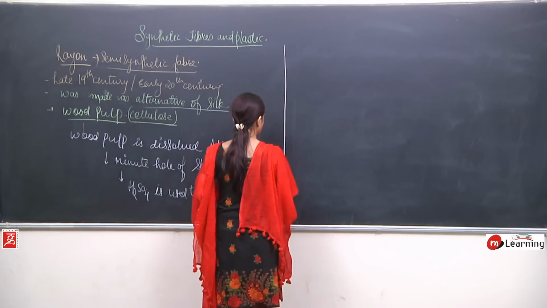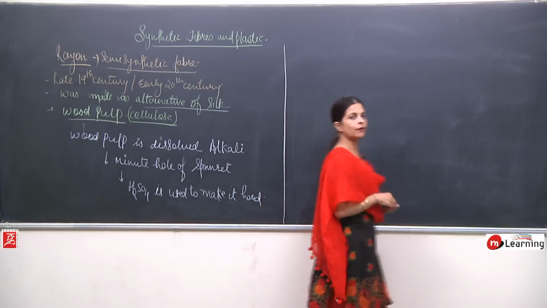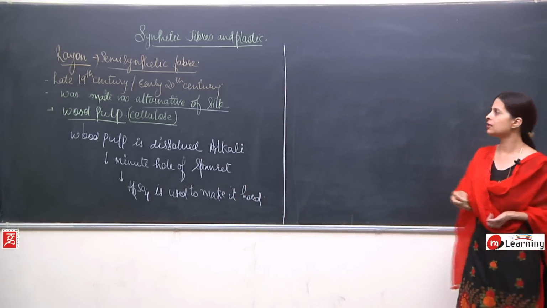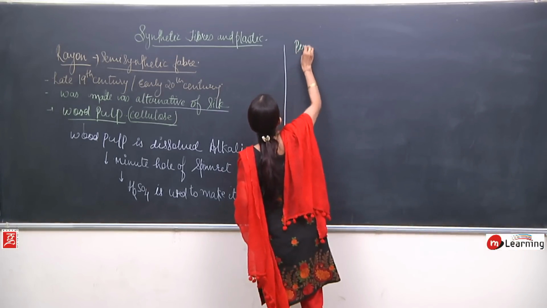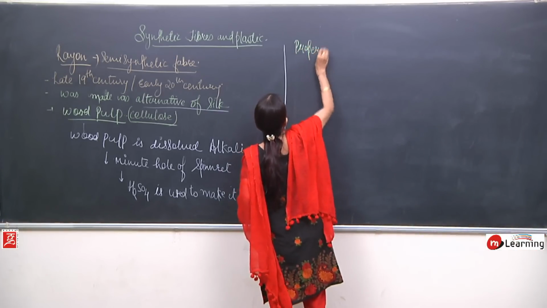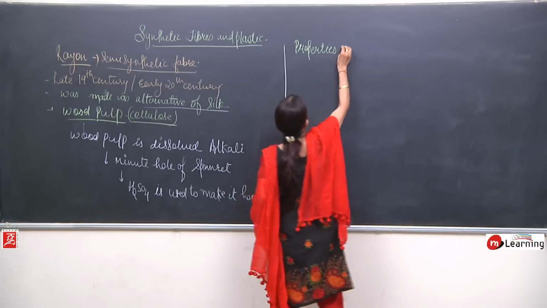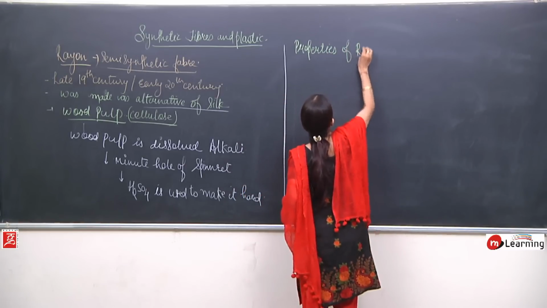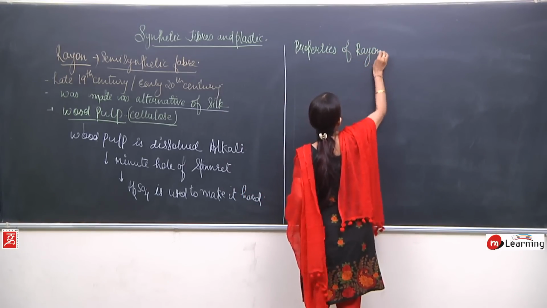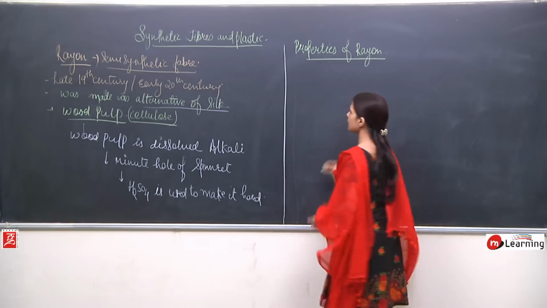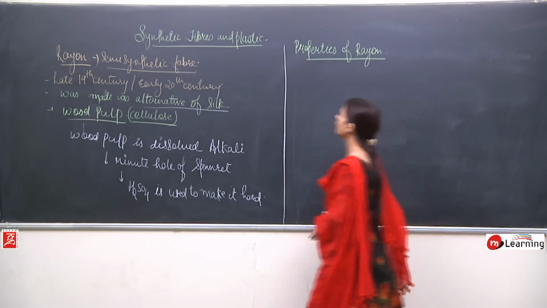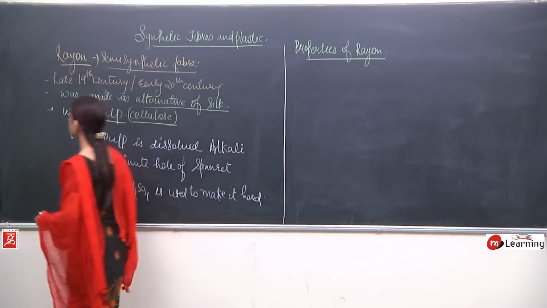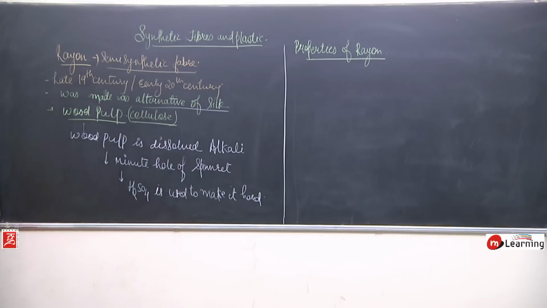Now we will talk about the properties of rayon. The very first property is that it can be used as the alternative of silk.